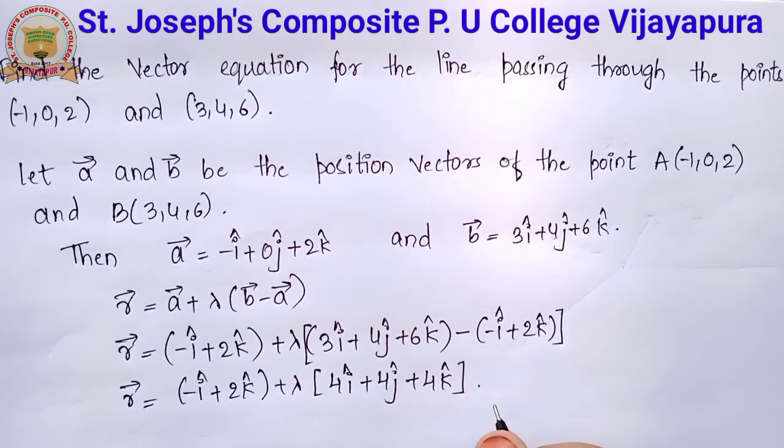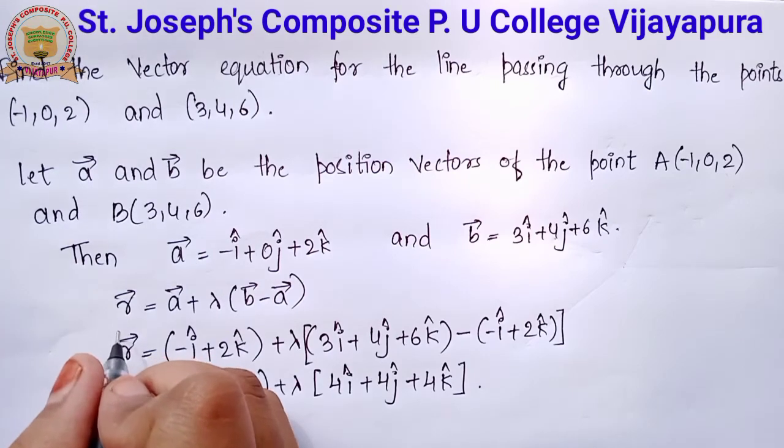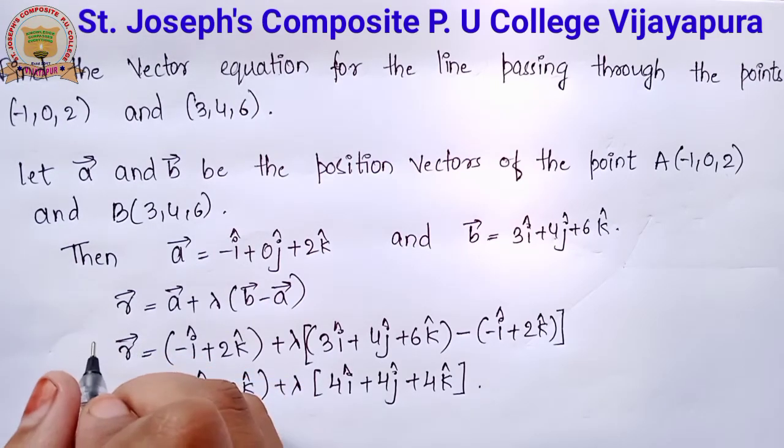So this is the required equation of the line passing through two points in vector form, where r is the position vector of any point on the line.